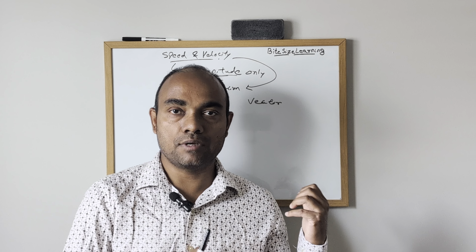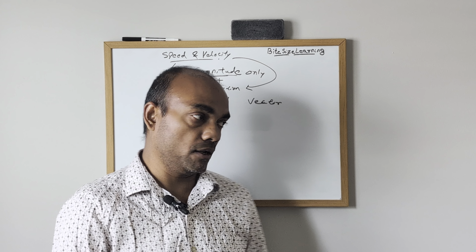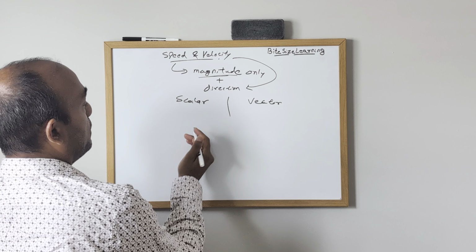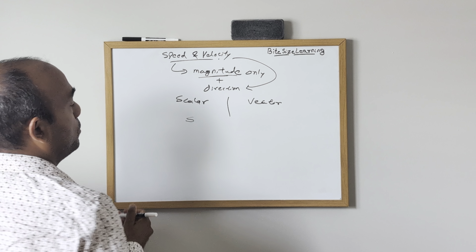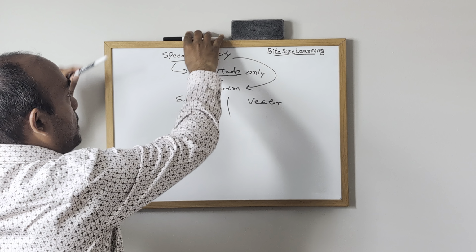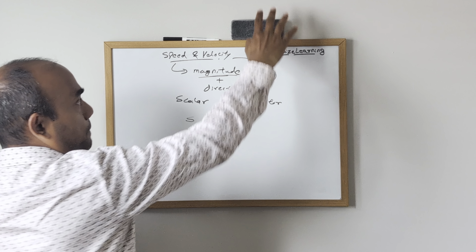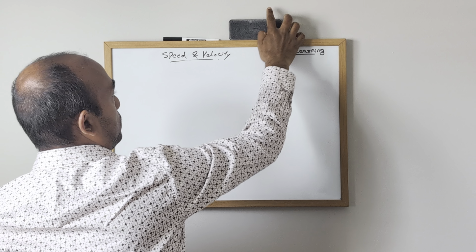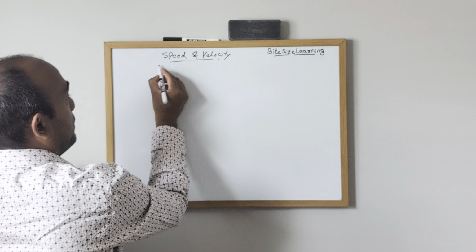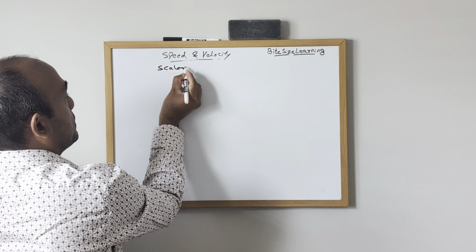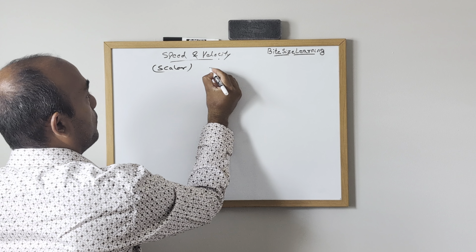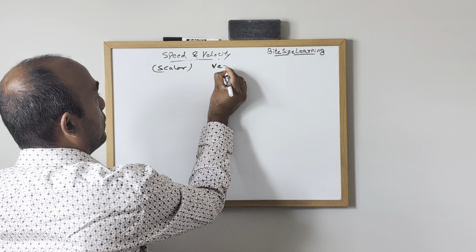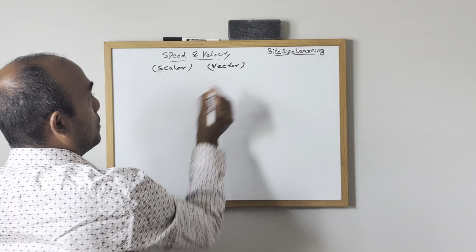Now magnitude, as I explained, it is the size of something. Now when you talk about speed, how do you calculate it? So you understand the difference between speed and velocity in a moment. So just for understanding, I will write here, speed is a scalar quantity and velocity is a vector quantity.